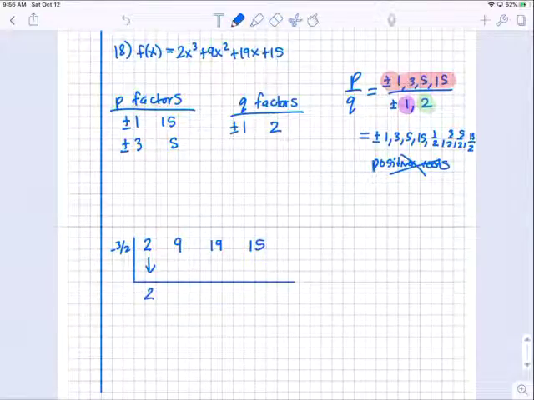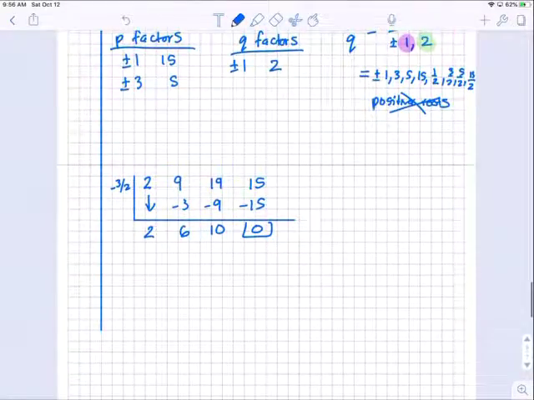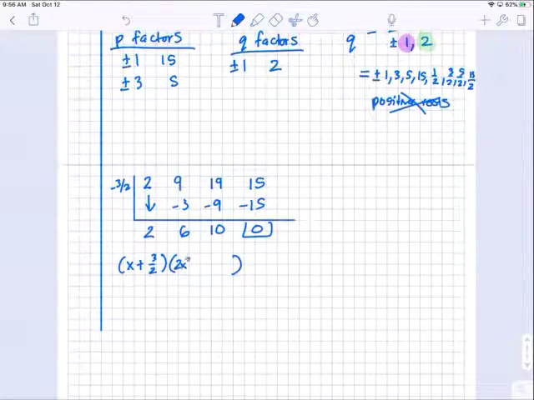Now -3/2. 2 times -3/2 is -3. We get a 6. 6 times -3/2 will give us -9. 10 times -3/2 will give us -15. So we have x plus 3/2, and then this is a polynomial, 2x squared plus 6x plus 10, all equal to 0.